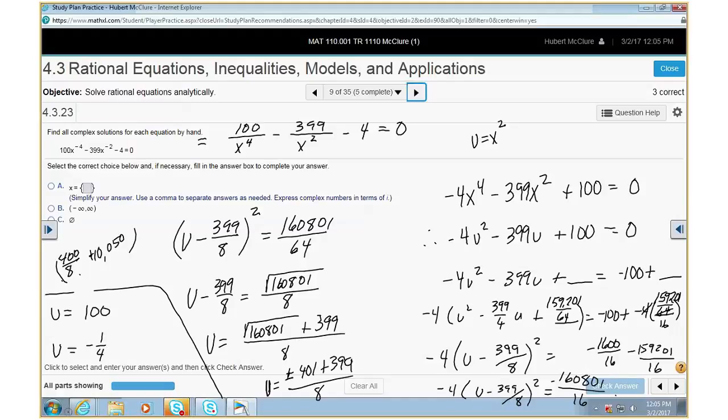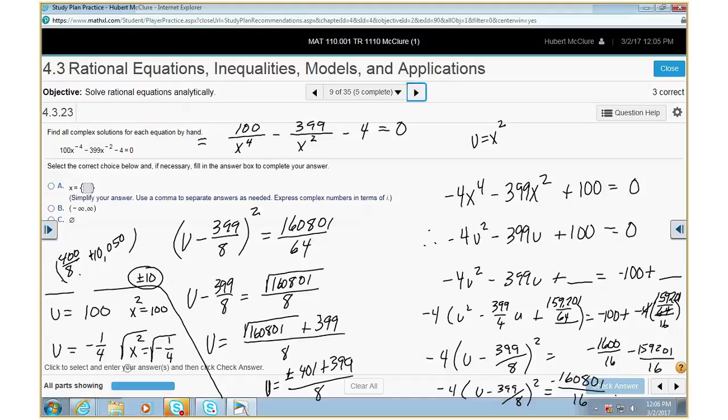So we're not done yet. Why are we not done yet? Because u is equal to x squared, now we've got to plug x squared in. So since x squared is equal to 100 and x squared is equal to negative 1/4, this will give us a positive or negative 10.